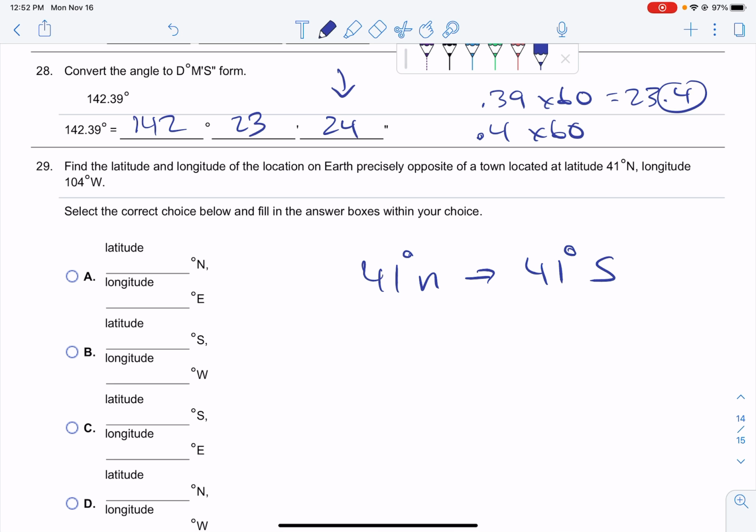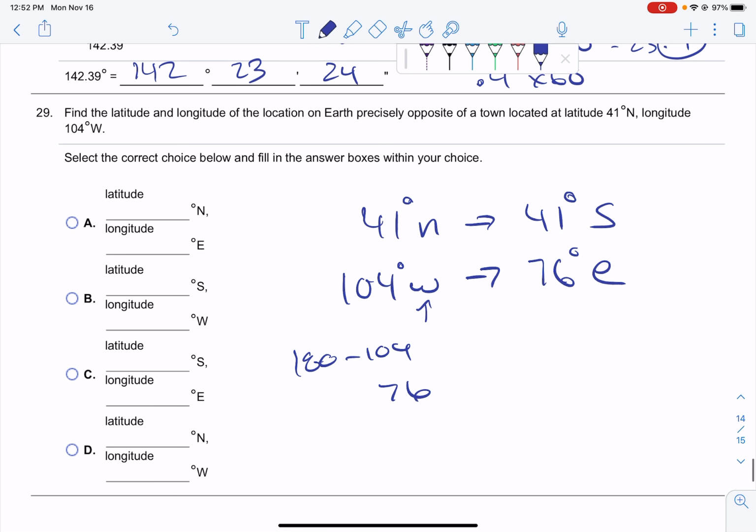Then our longitude, the 104 degrees west: remember, we take 180 minus 104, and we get 76. But we have to change the west to east. So we need 41 south, 76 east. It's going to be option C.